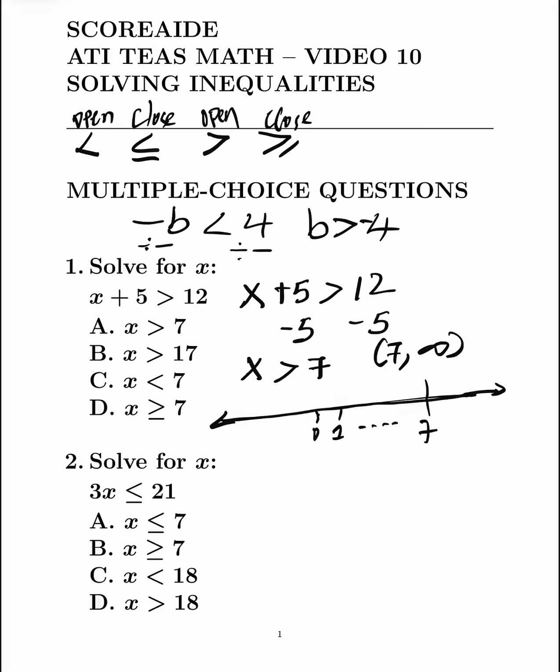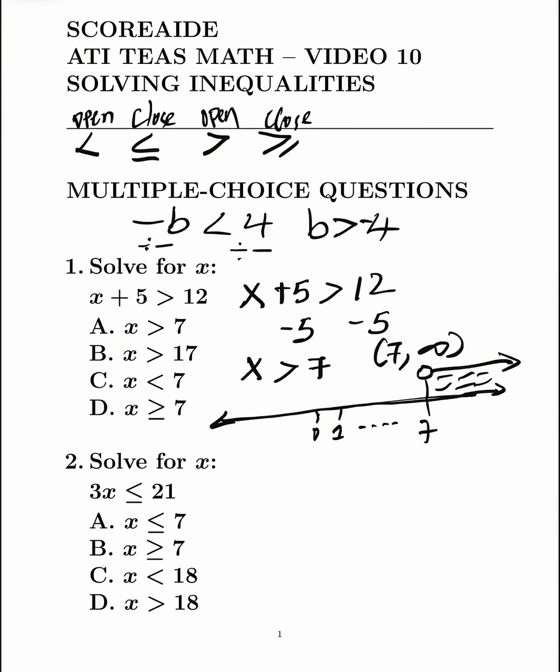So we represent it with an open circle, heading toward infinity. The region that satisfies the inequality is all the numbers greater than 7.